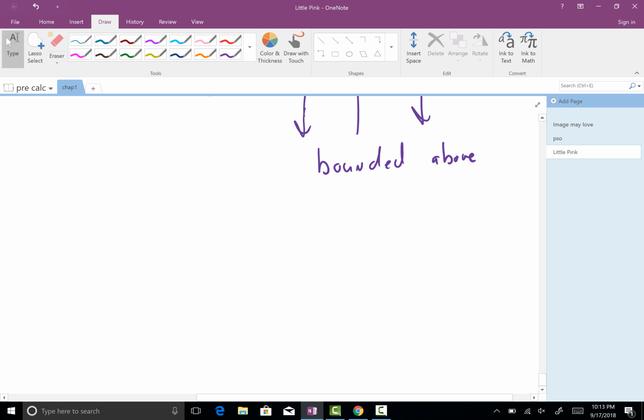Along with functions being bounded, we can talk about maximums and minimums. So maximum and minimums come in two types.